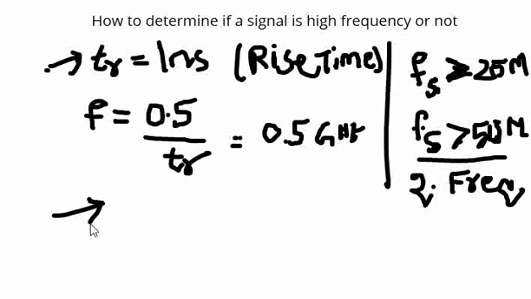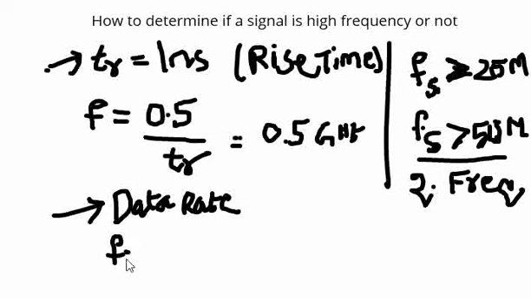And another point is that sometimes people talk about data rate. They give you the data rate parameter. If the data rate is provided, again we have to determine the frequency to determine whether high frequency PCB design guidelines are to be applied or not.